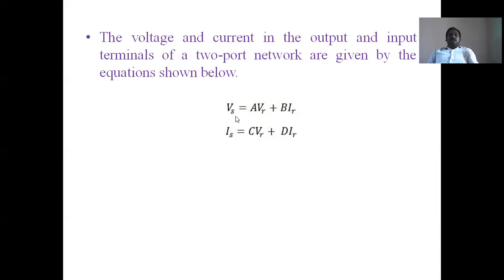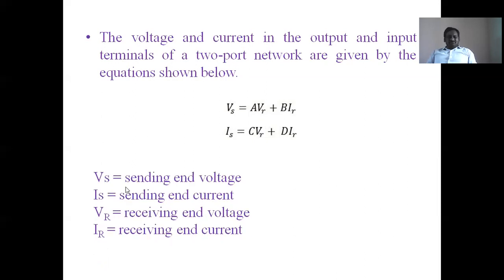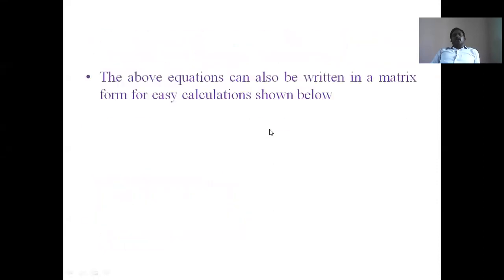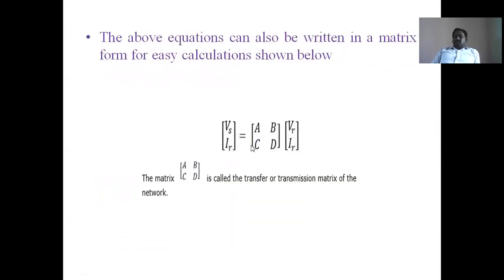These are the sending end voltage and current in terms of ABCD parameters and receiving end voltage and current. Vs is the sending end voltage, Is the sending end current, Vr the receiving end voltage, Ir the receiving end current. From these two equations, we can write the matrix form: [Vs; Is] = [A B; C D] [Vr; Ir]. If we can determine ABCD values, we can easily determine Vs and Is.